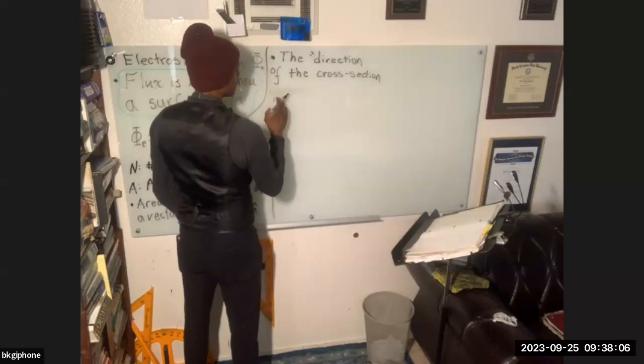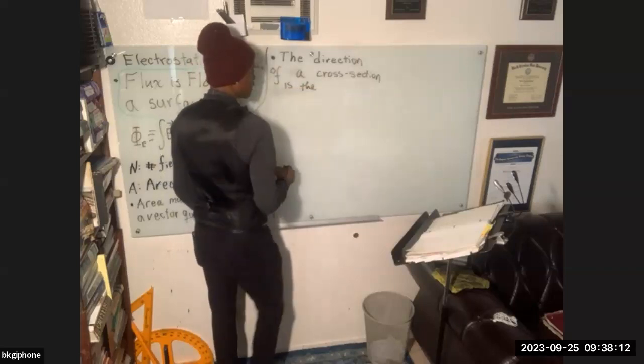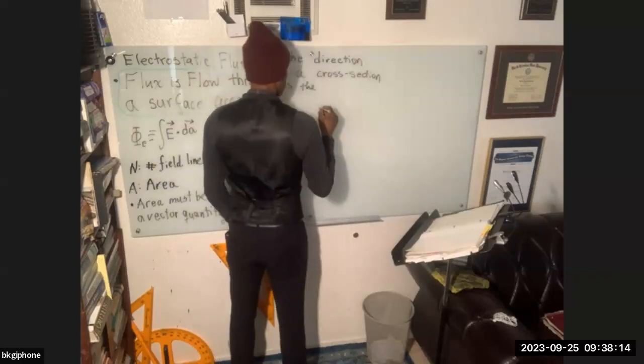The direction of a cross-section is the direction that is perpendicular to the surface of that cross-section.